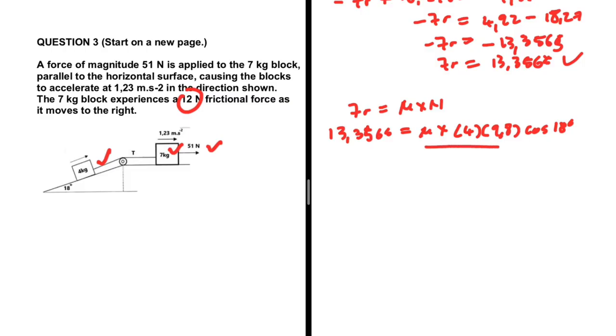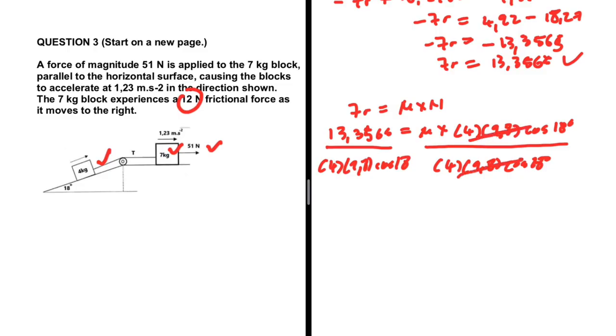So we're going to divide both sides by 4 multiplied by 9.8 multiplied by cos of 18 degrees. These are going to cancel out.